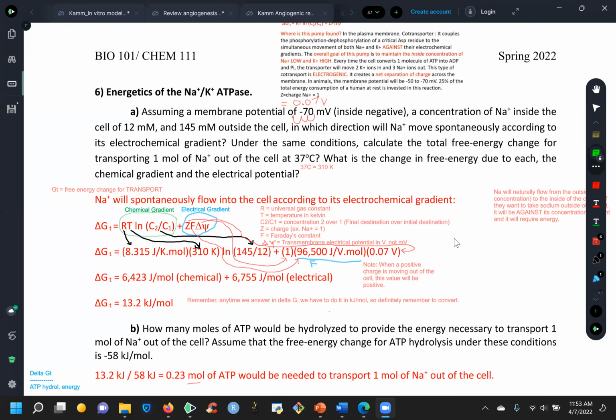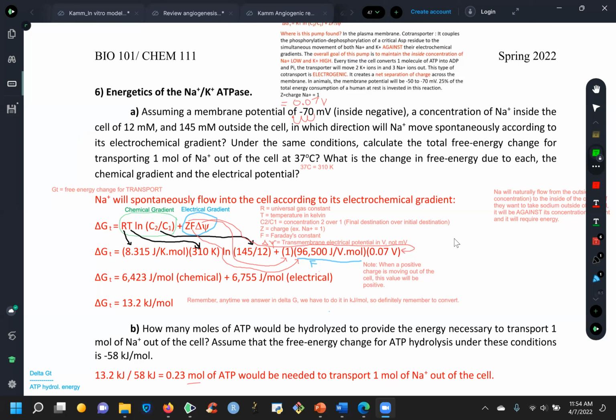So this is just ln of C2 over C1. So what is C2 and what is C1? This is really easy. Here we're moving sodium. For example, if we're moving sodium outside of the cell, then our C2 would be the final destination.